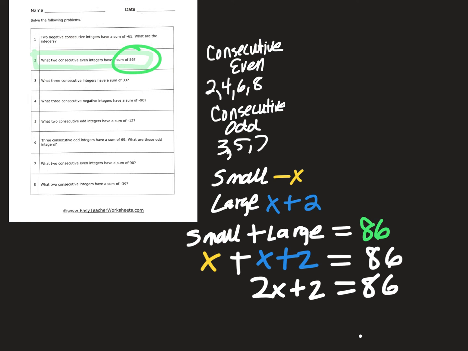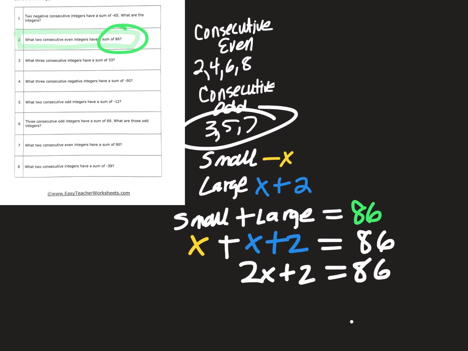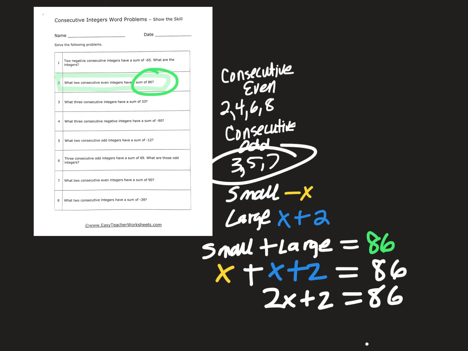Now, what gets people confused is consecutive even and consecutive odd work the same way. Because look, your consecutive odd numbers are still going up by 2, right? So you set them up the same way that you would set up a consecutive even problem. Let's look at, where do I see 3? Okay, so like number 6.